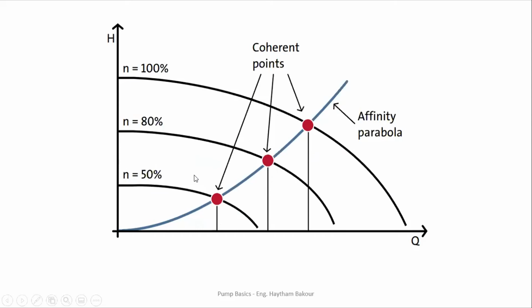When we decrease it to 50% of rotational speed, the flow rate would decrease to less than 50%, and the power value is very low. So the efficiency would go low.